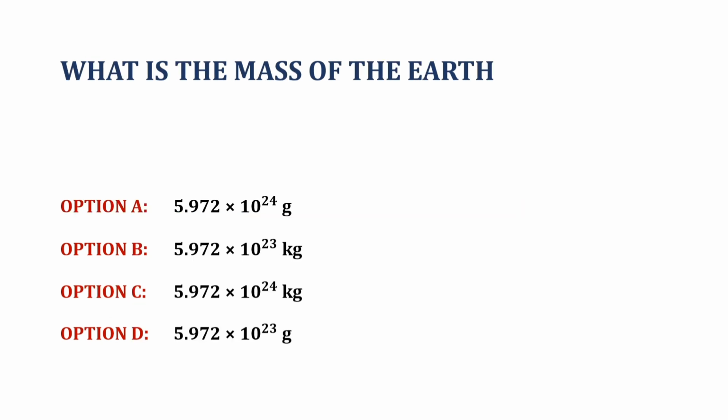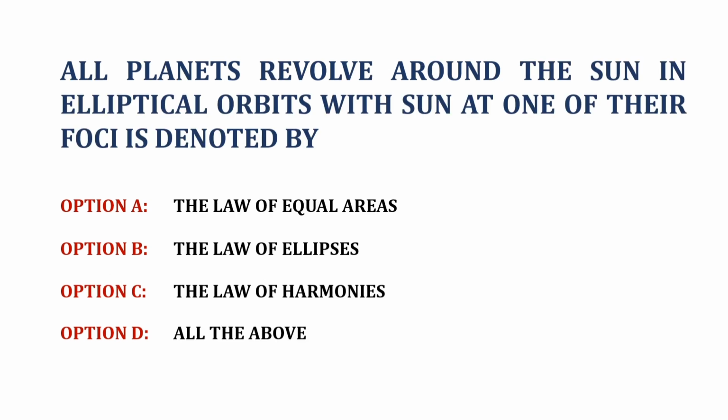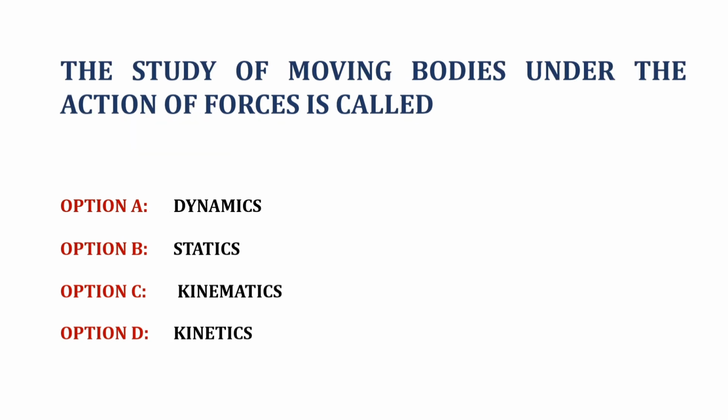What is the mass of the earth? Option C, 5.972 × 10^24 kilogram. All planets revolve around the sun in elliptical orbits with the sun at one of their foci is denoted by? Option B, the law of ellipses.